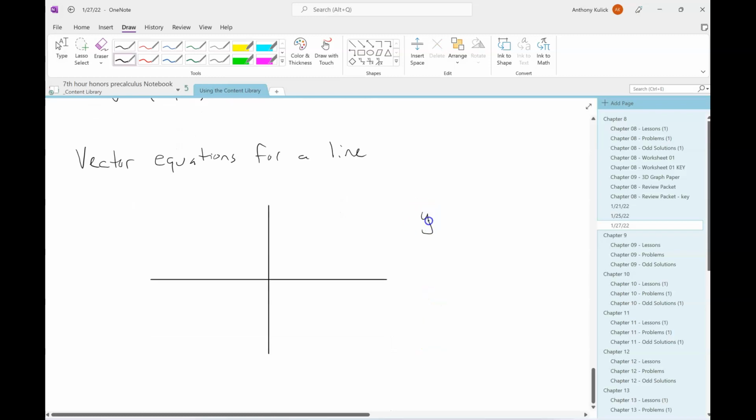So let's just say, for example, we have just some normal everyday slope-intercept equation like y equals 1/2 x plus 1.